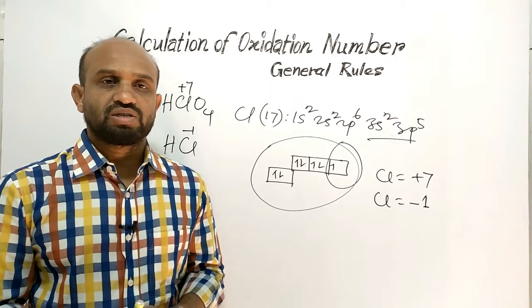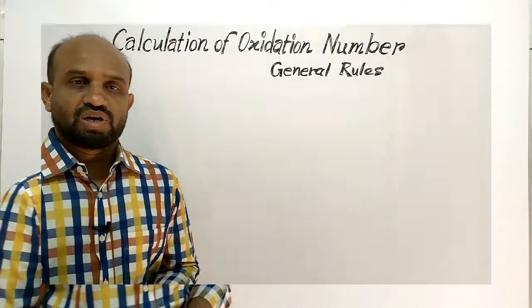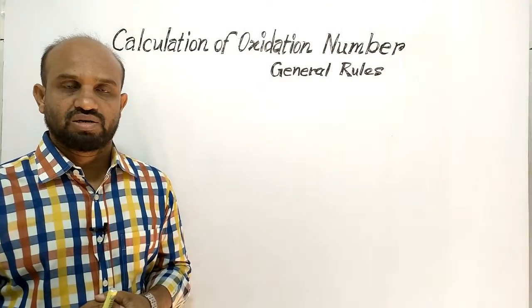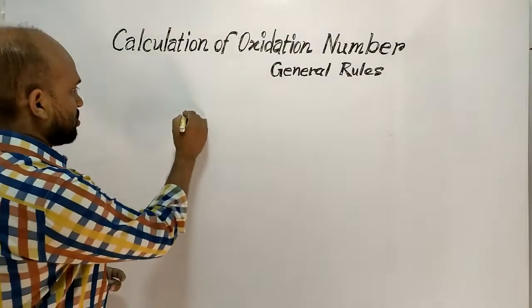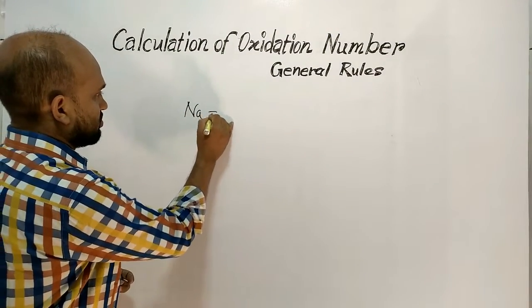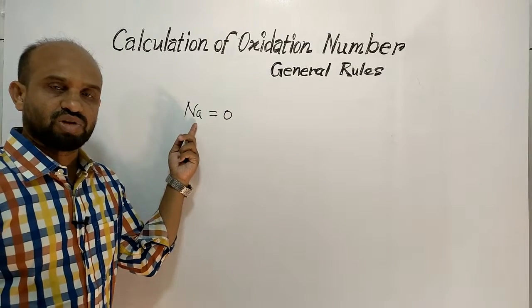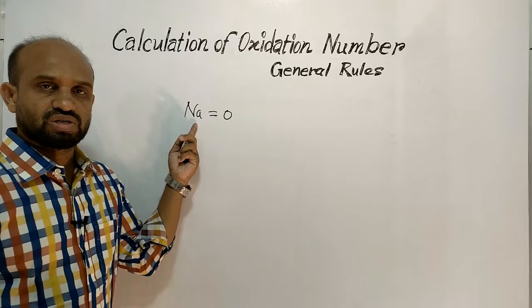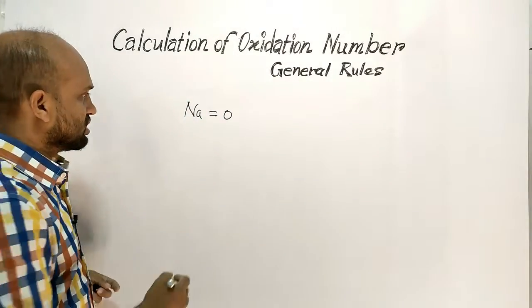Now let's see oxidation numbers of some elemental molecules. Some elemental species and their oxidation numbers. Suppose the oxidation number of sodium is 0. This is atomic form, no donation and no acceptance of electrons. So this is 0.